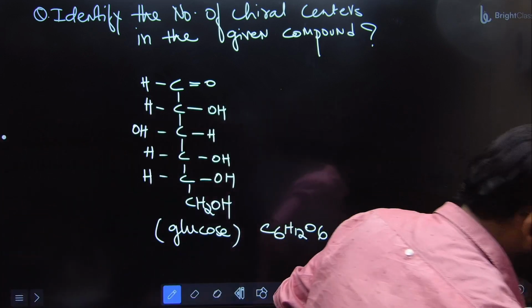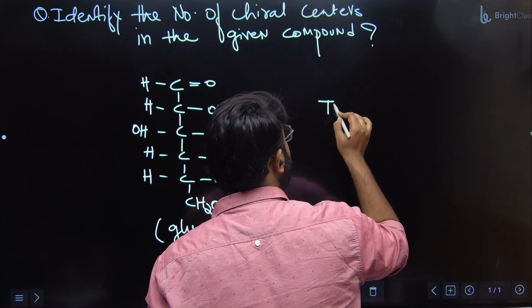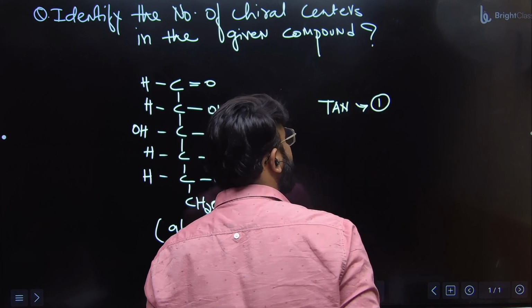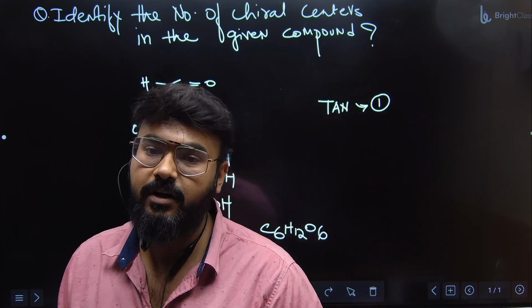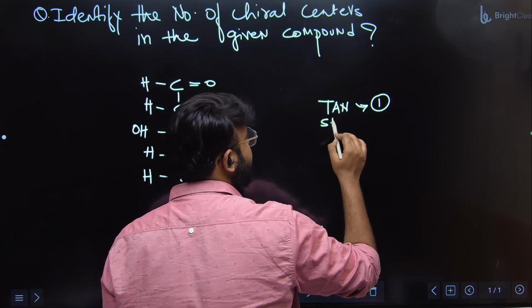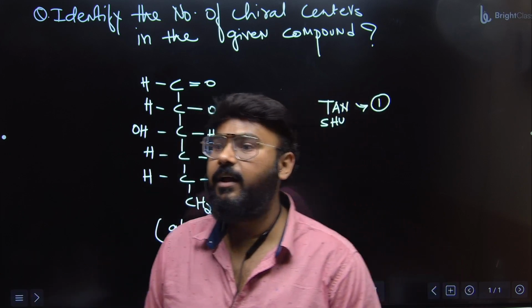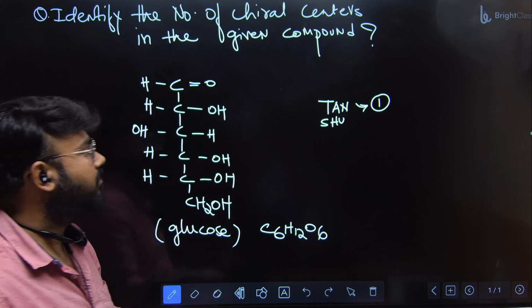Okay. Tanishka, you got one chiral, right? I'm just recording everyone's answer. Now, Shubham, what is your answer? Shubham also has one. And you tell me, I just missed your name. Shreyan, right? What is your answer?